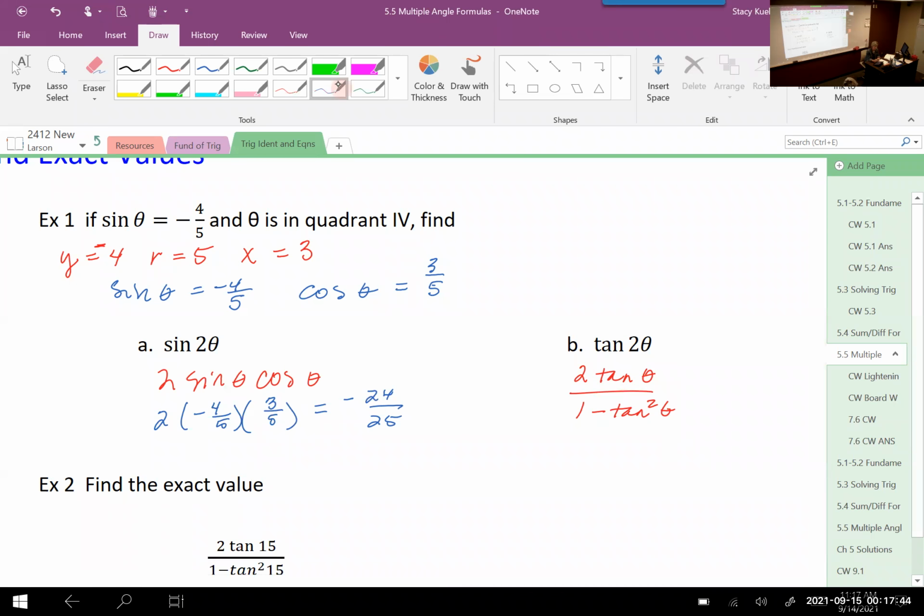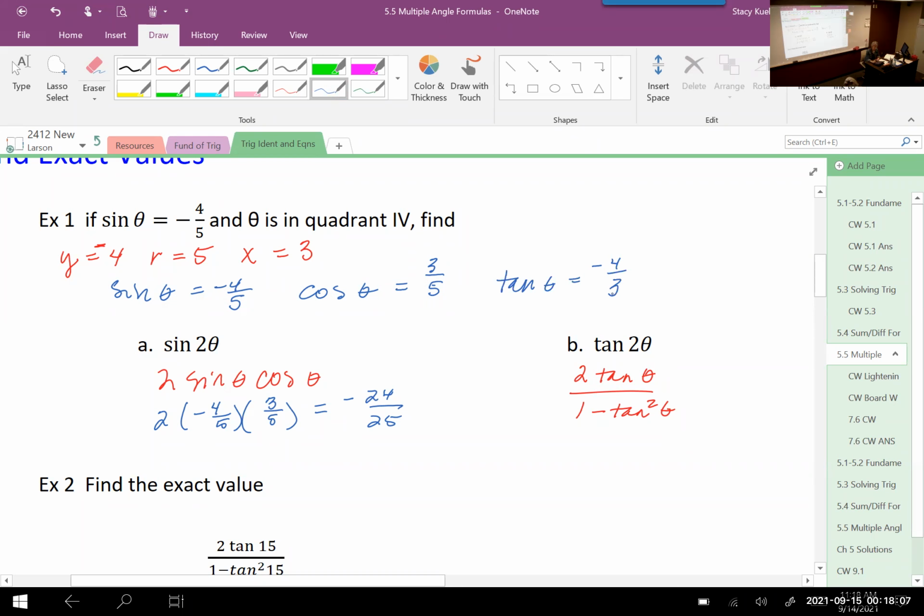So we want to add to our information that we're writing up here. If I am still talking about this angle theta, then tan theta has to be equal to -4/3, right? And tangent is negative in the 4th quadrant, so I got the sign right there.